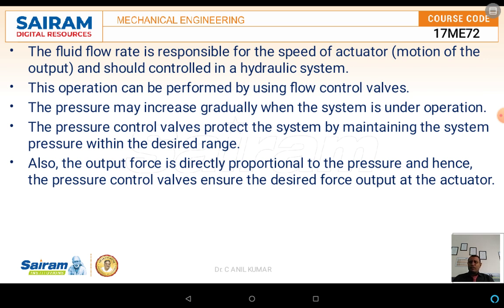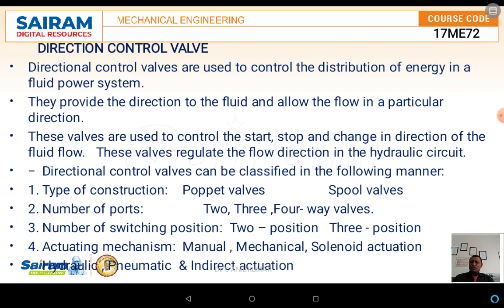Now, the next topic we are discussing is the direction control valve. The direction control valve, the flow control valve and the pressure control valve we have already discussed in depth, especially in the case of hydraulics. The same thing will hold good here also. The direction control valves are used to control the distribution of energy in fluid power systems.